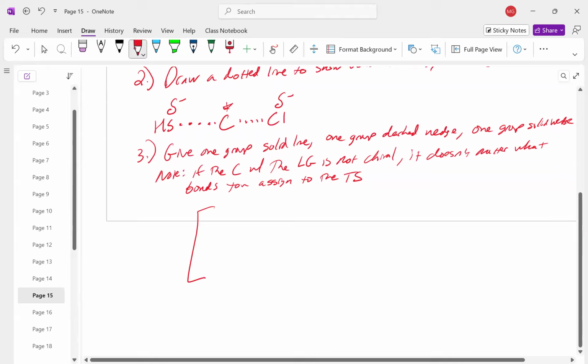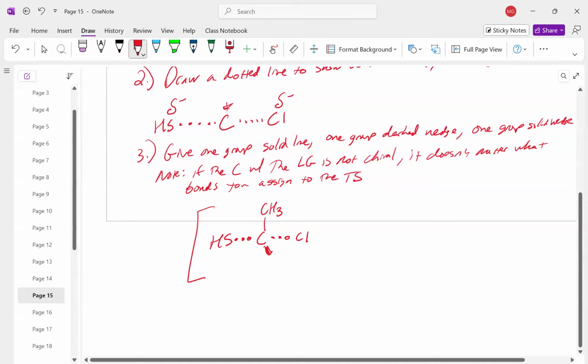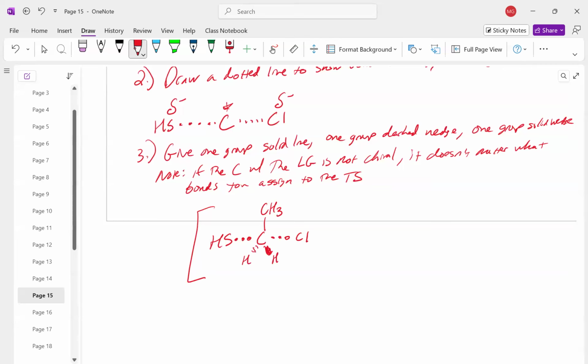So you're going to draw some brackets. I show the nucleophile making a bond to the carbon, the leaving group breaking the bond to that carbon, and then I give one group a solid line, another group a solid wedge, and the other one a dashed wedge.